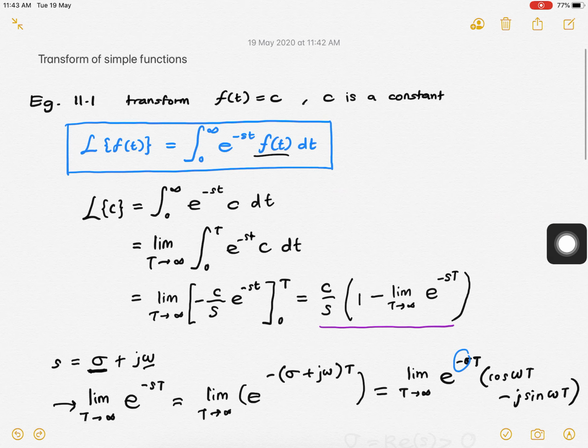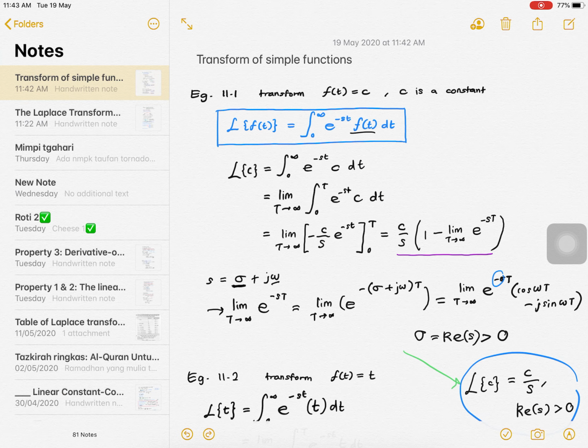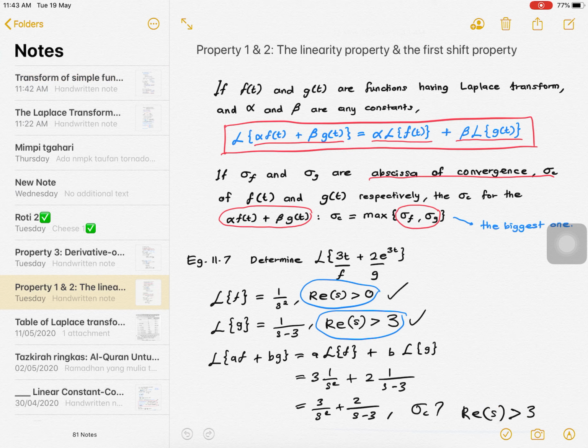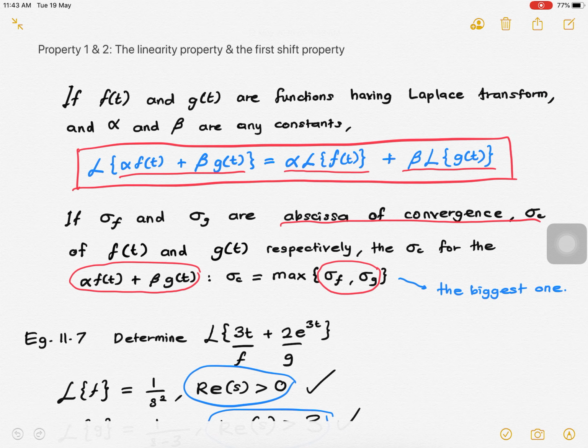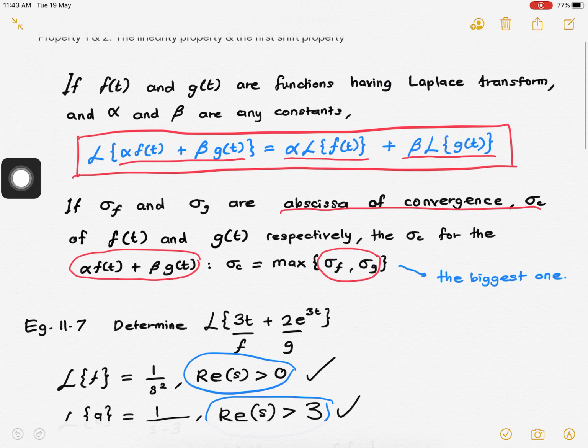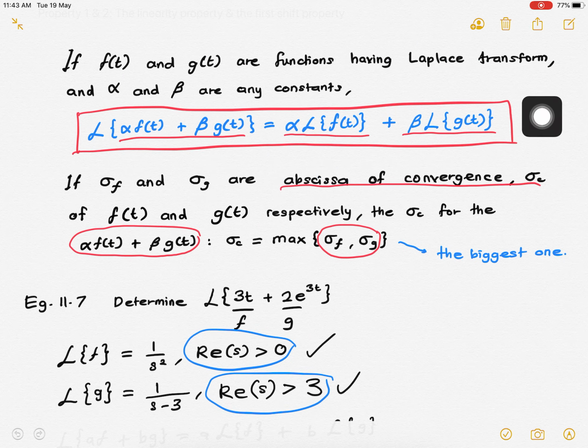So now we go to the first property of the Laplace transform. The first one is the linearity property. This is the concept that we need to learn. It's like an operator.